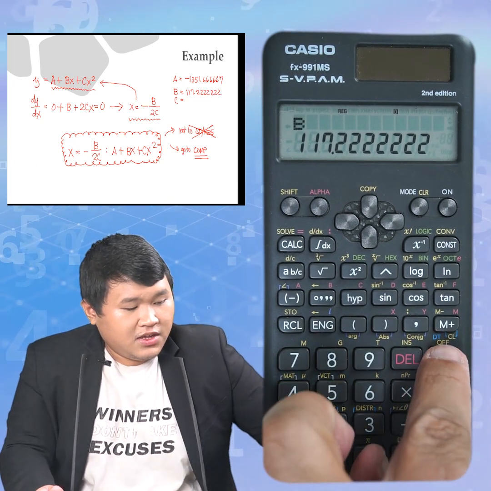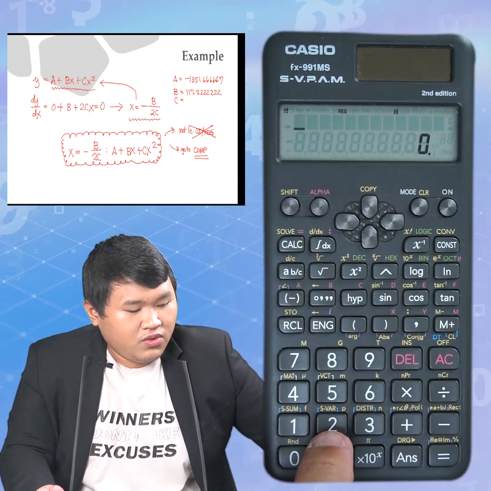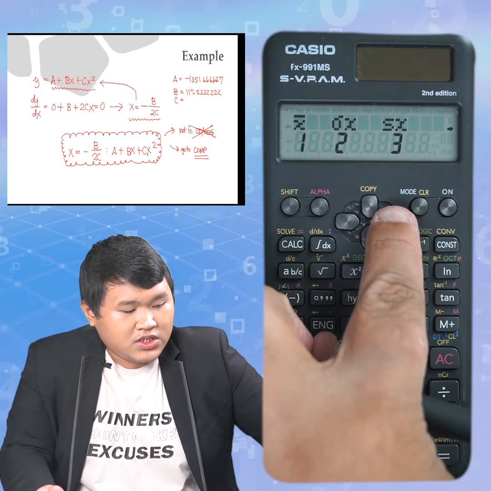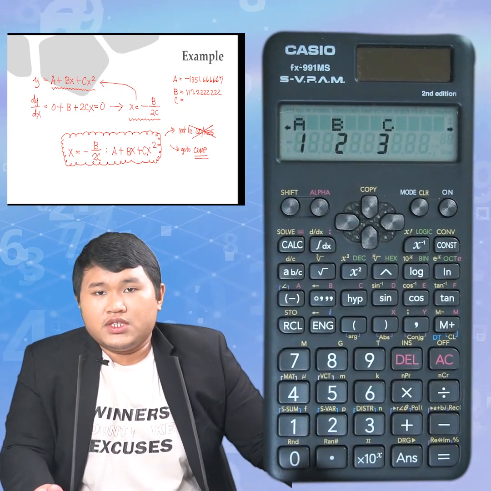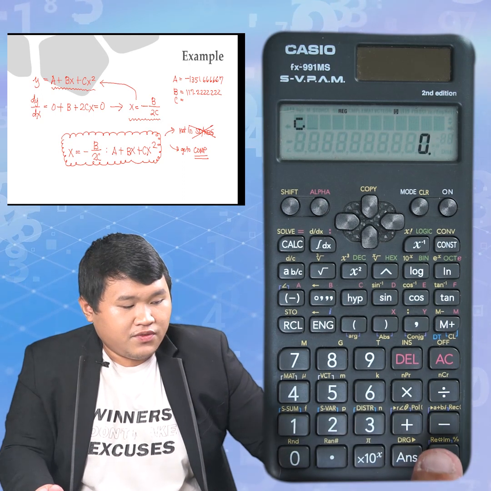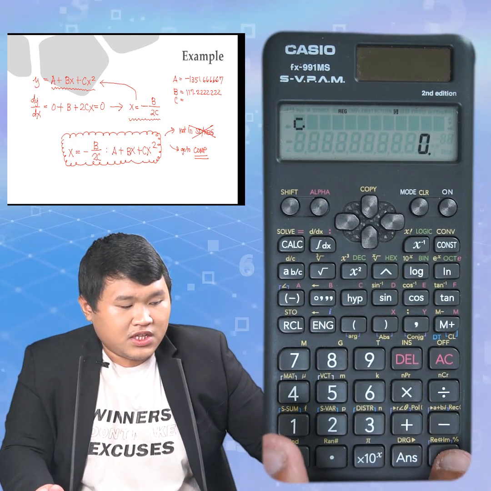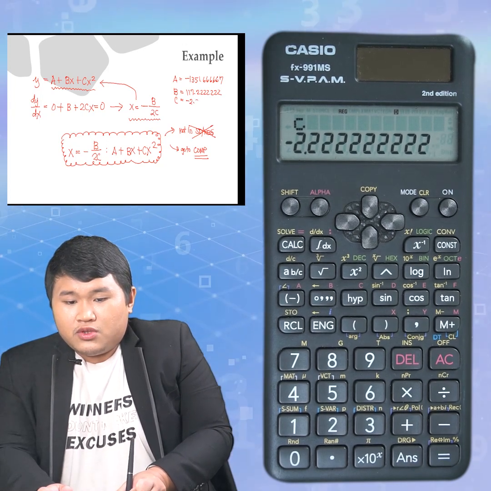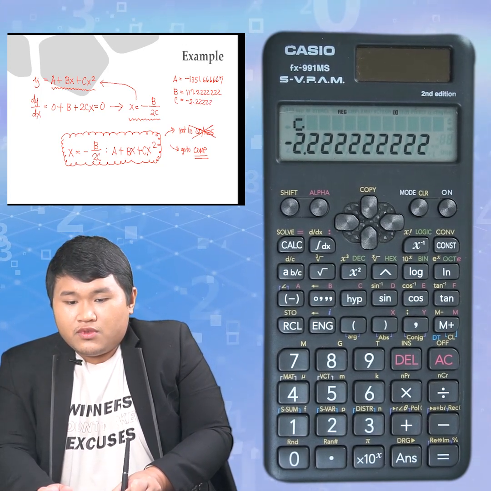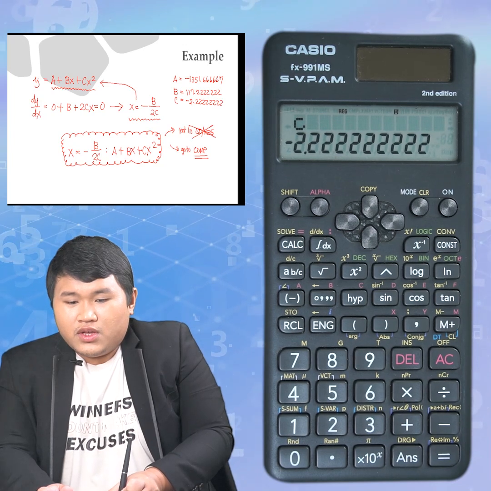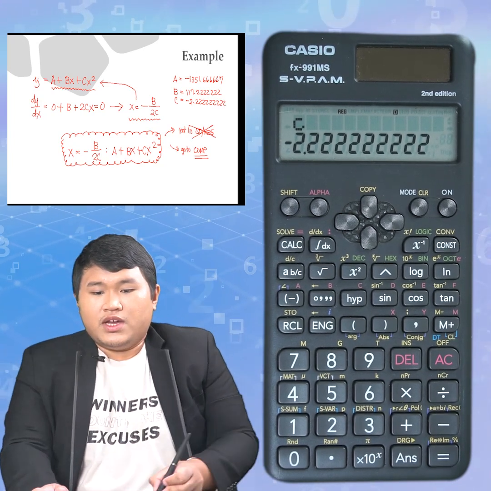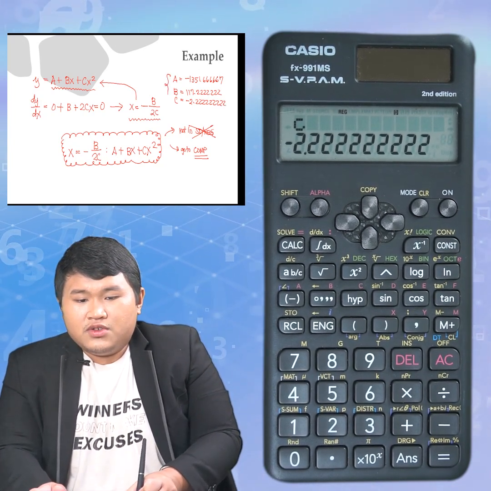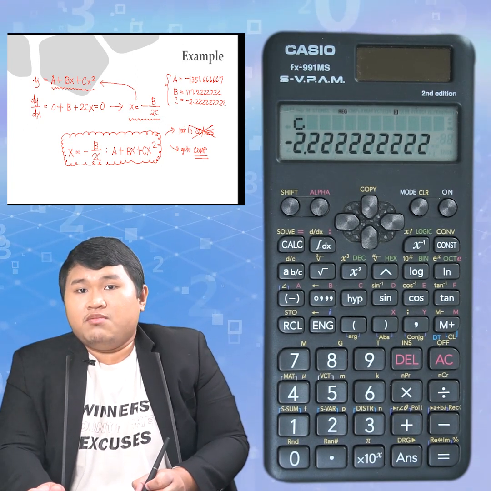And then lastly, AC, shift 2 again, and then go to the third screen and press 3 for the value of C. Then equals, which is negative 2.22222222. So we now have the three values of the regression coefficients A, B, and C.